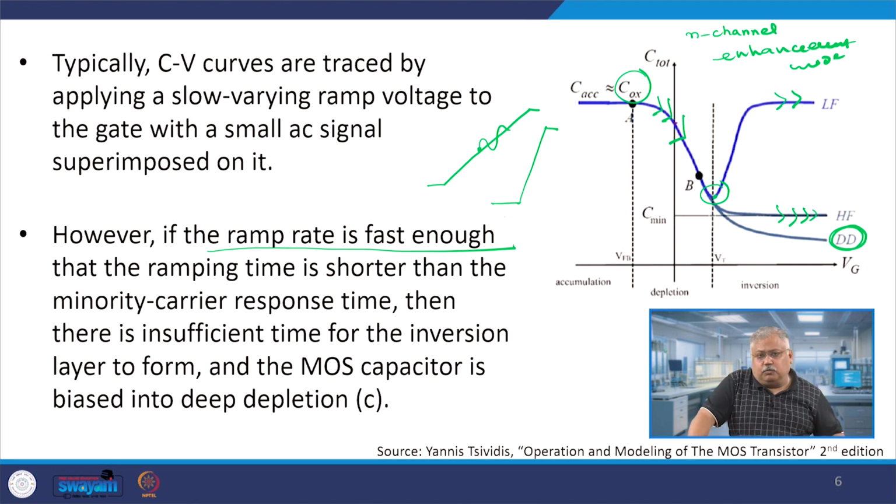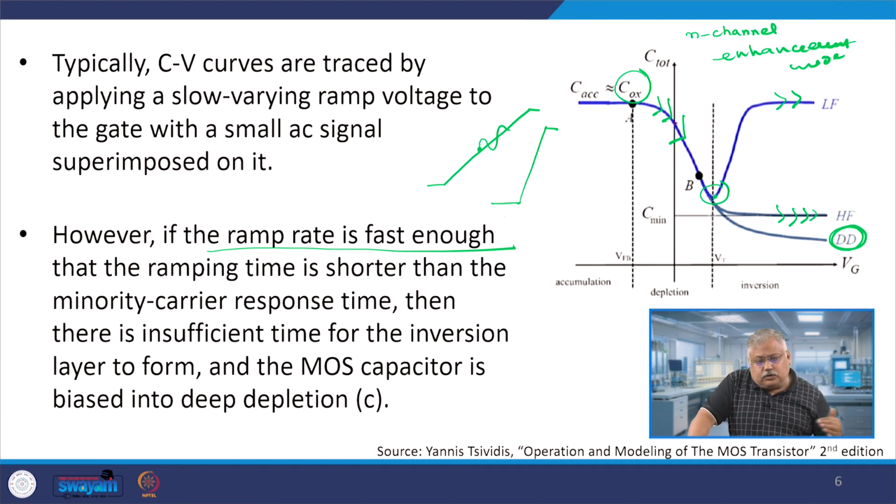The lowest one is the accumulation, where the total capacitance is C ox. Move forward till inversion, you get the minimum capacitance, that is C min, or the flat band capacitance, and then from there if you look at low frequency, it rises again because the carriers are able to respond to the value of the input frequency.